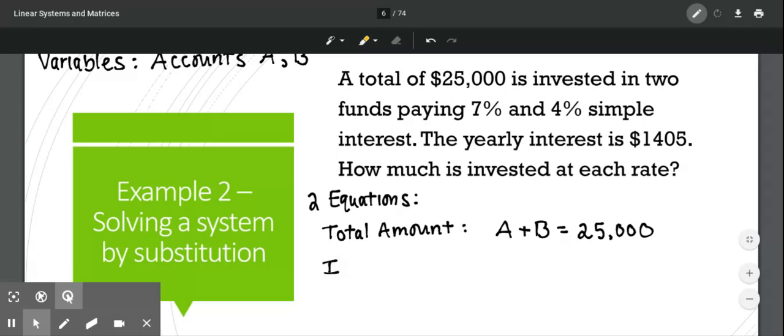And then we're going to write our interest equation, because those are the two pieces of information they gave us: how much did we invest and how much interest did you earn? So if we say that 7% is the interest on the A account, then we know that 0.07 times A, so 7% interest on what you put into A, plus 4% interest on what you put into B, earned a total of $1,405 of interest.